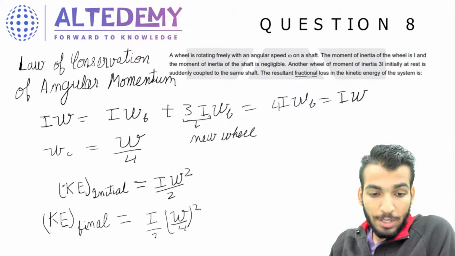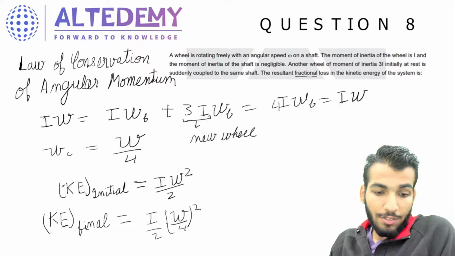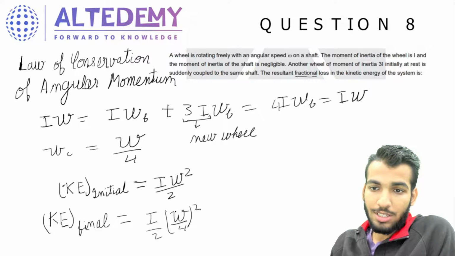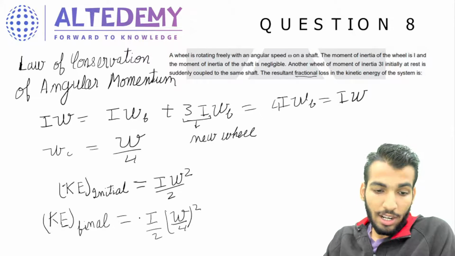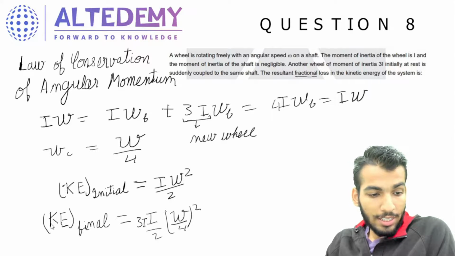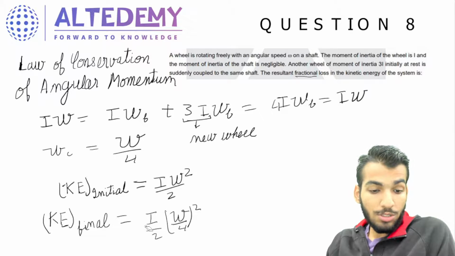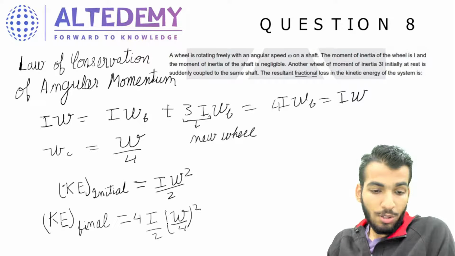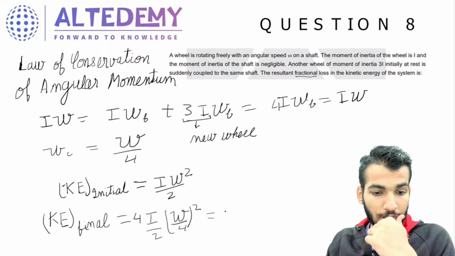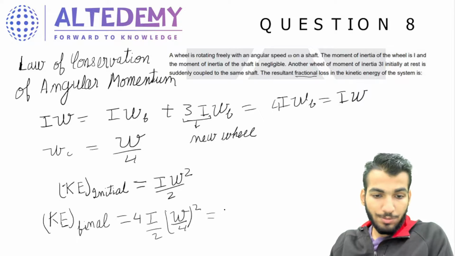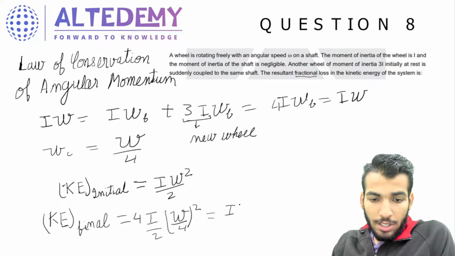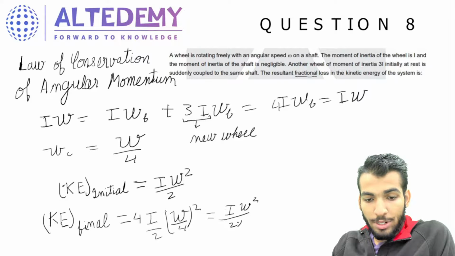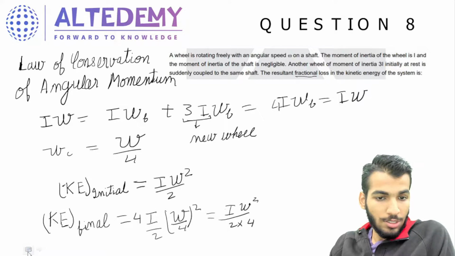Basically, you can take it as 4I, because this is the moment of inertia of the new system. So it shall be equal to 4I omega square by 4 into 2. It means that this shall be equal to I omega square by 2 into 4.